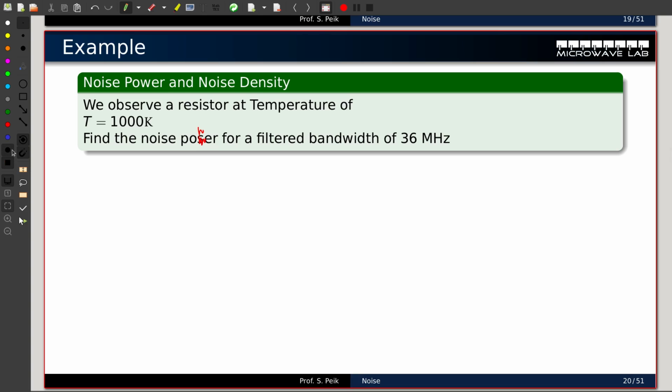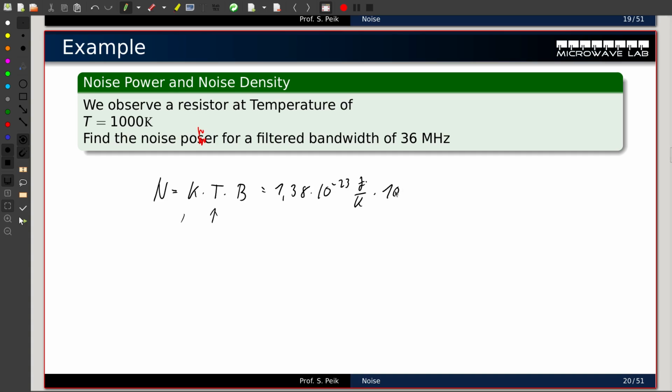Well, that's straightforward. My noise power is k times T times B. We know T is 1000 Kelvin. k is 1.38 times 10 to the minus 23 joules per Kelvin.